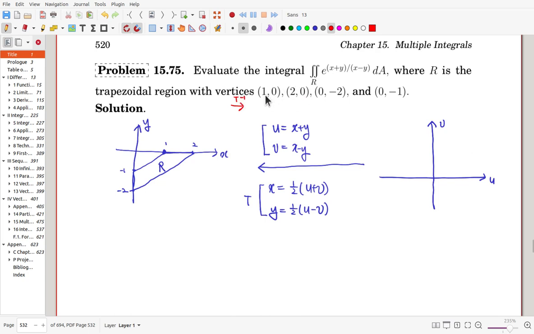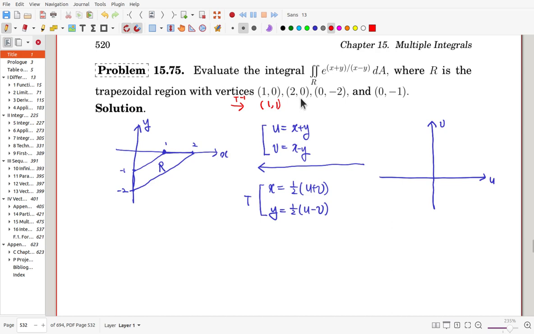If x, y are 1 and 0, then u, v must be 1 and 1, right?